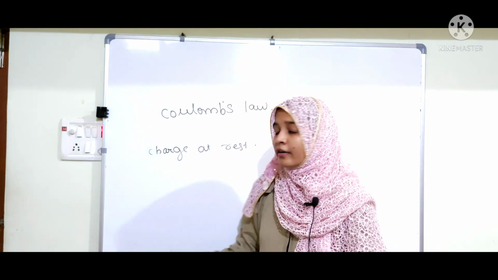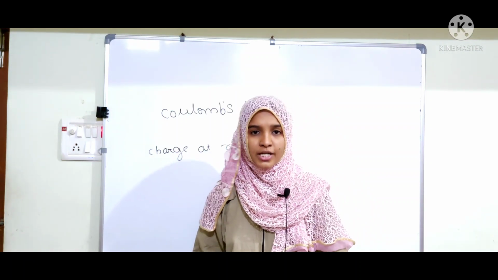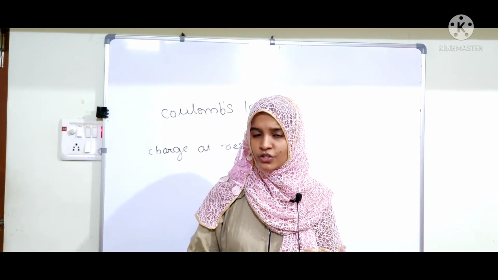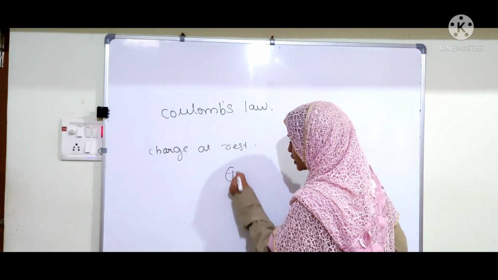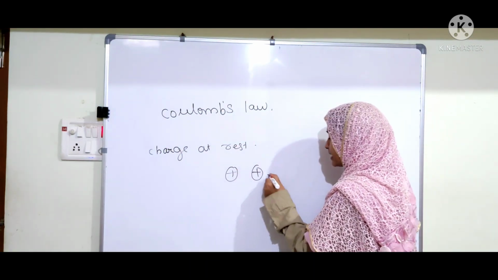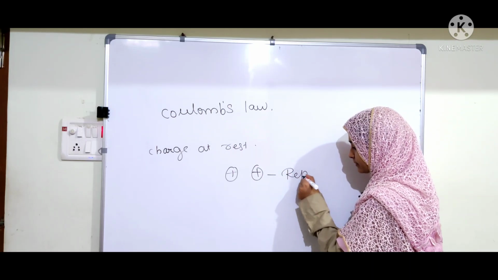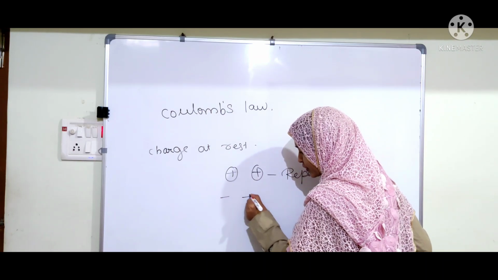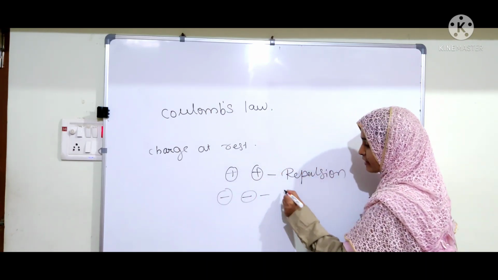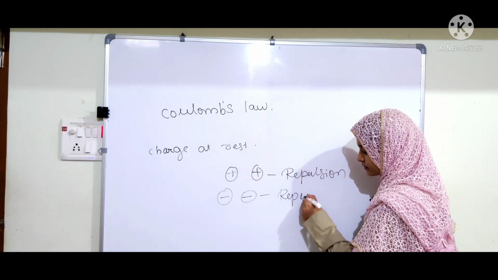We know that there are two types of charges in nature. One is positive charge, another one is negative charge. If I have two positive charges, then there will be force of repulsion. If I have two negative charges, still there will be force of repulsion.